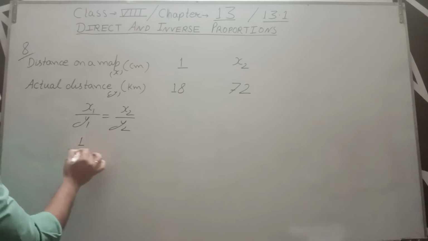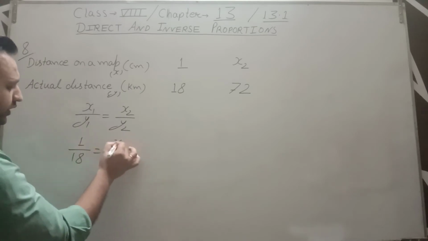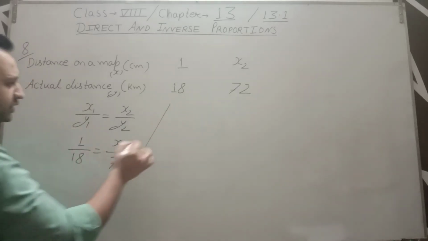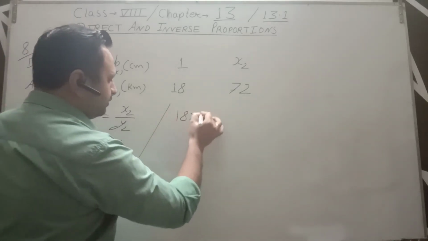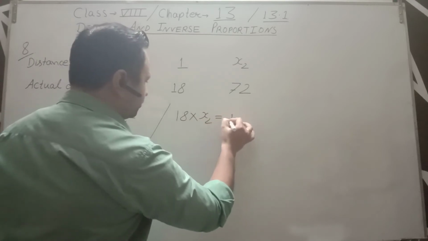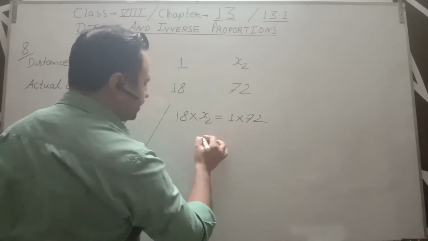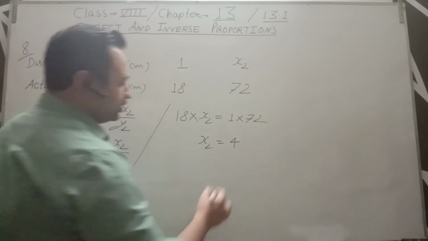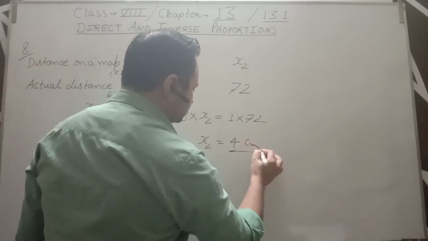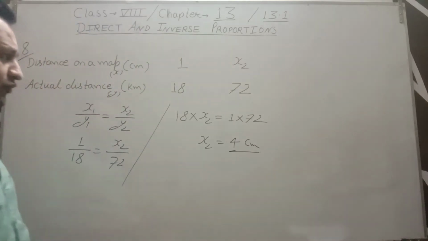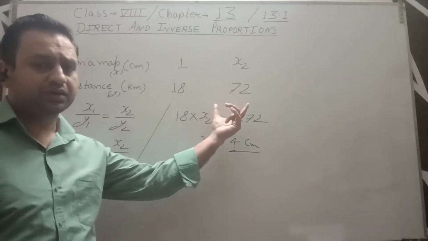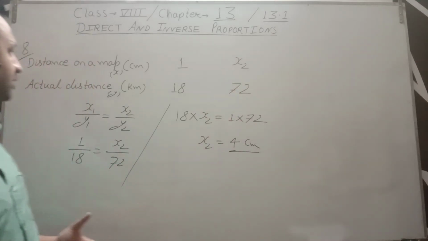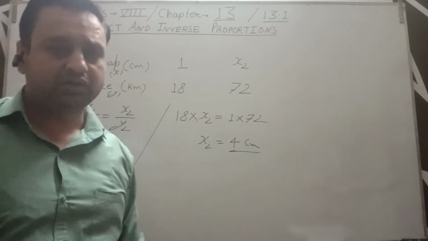It means 1 upon 18 is equal to x2 upon 72. After cross multiply, 18 multiply x2 is equal to 1 multiply 72, and after calculation x2 is equal to 4 centimeter. So we can say that if the actual distance is 72 kilometer, then the distance on a map is 4 centimeter. I hope question number 8 is also clear, just note down.